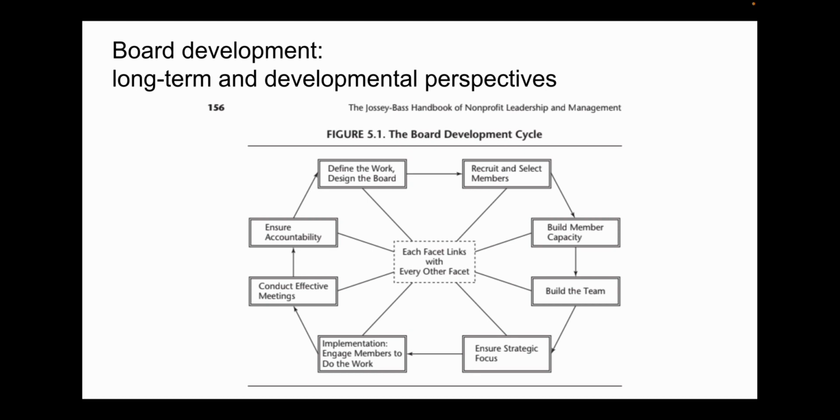So it's really important to ensure the strategic focus, put all the people together, and make sure they have a deep discussion and conversation about this. That's why you also need to conduct effective meetings, instead of people gathering and mingling without really focusing on the strategy of the nonprofit organization.